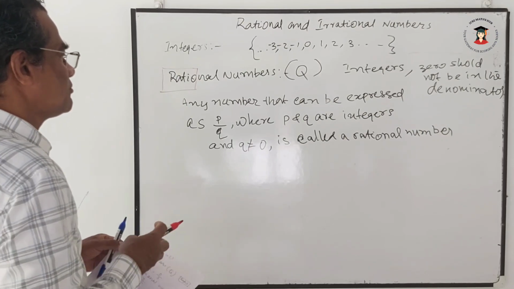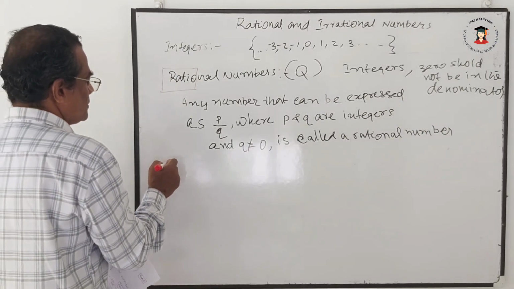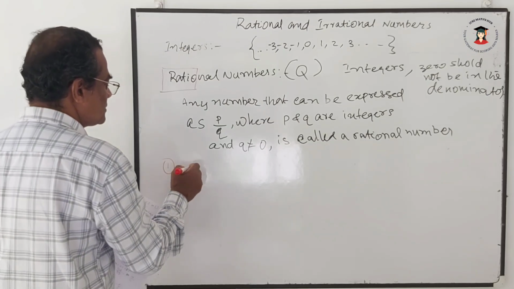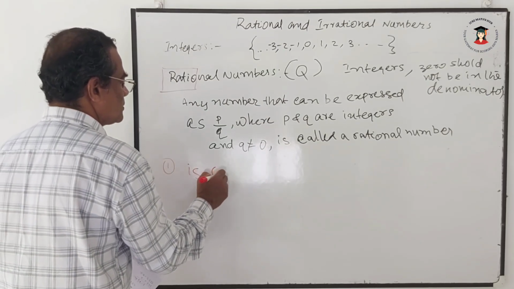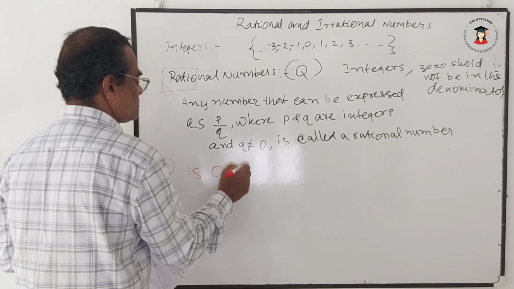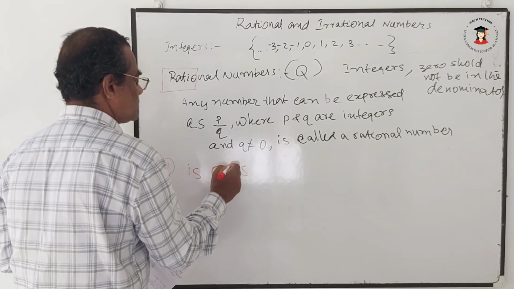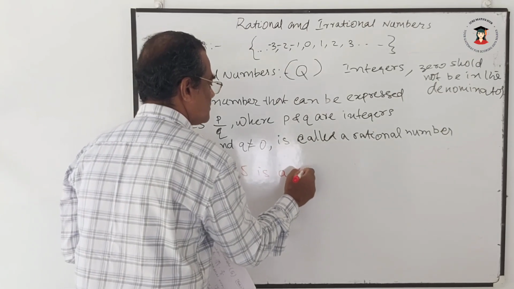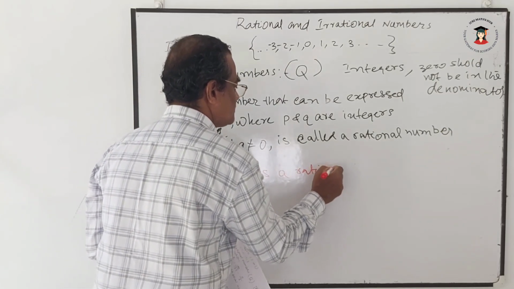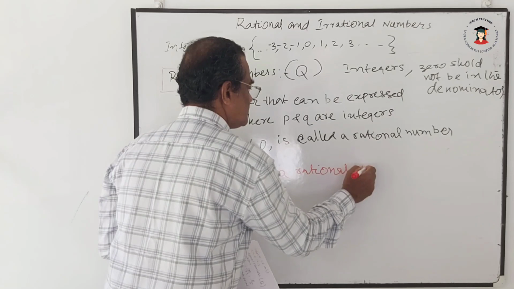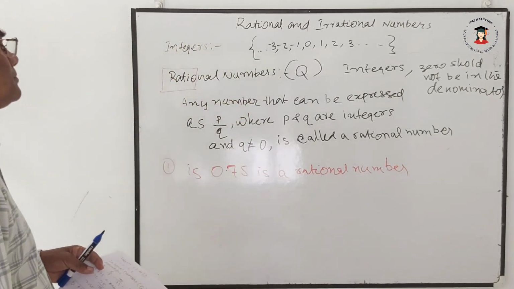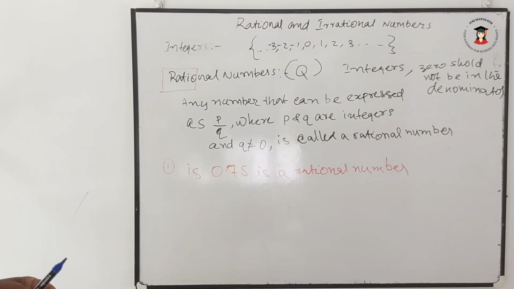So I have a question for you. My first question is, is 0.75 a rational number?